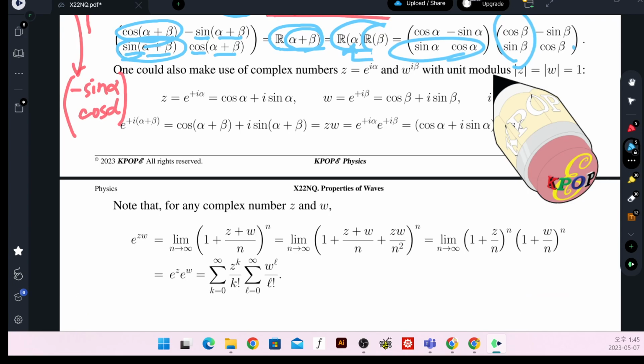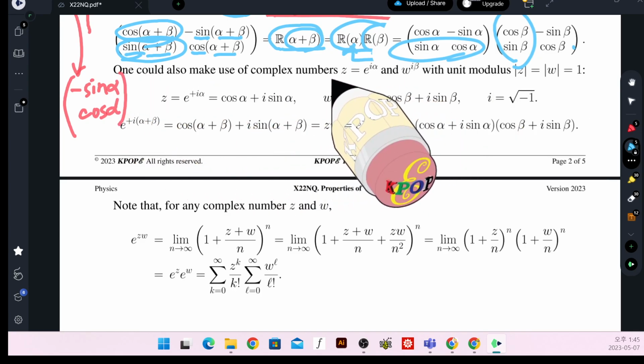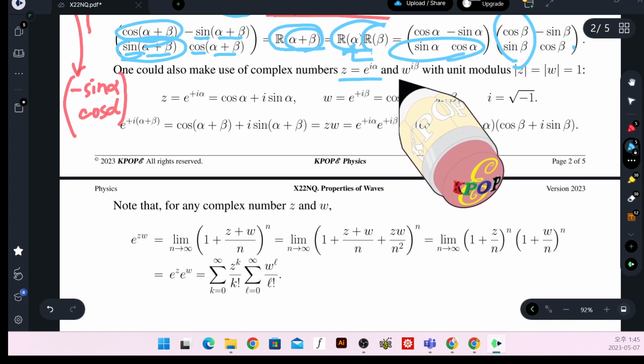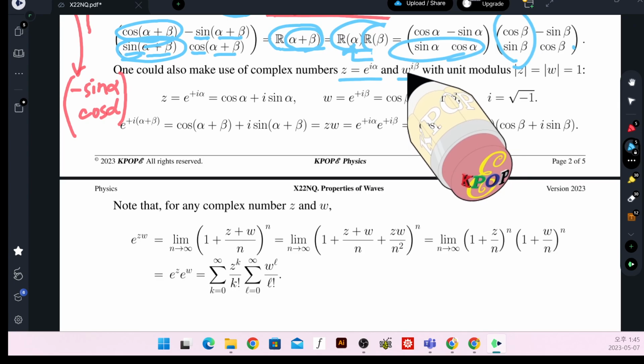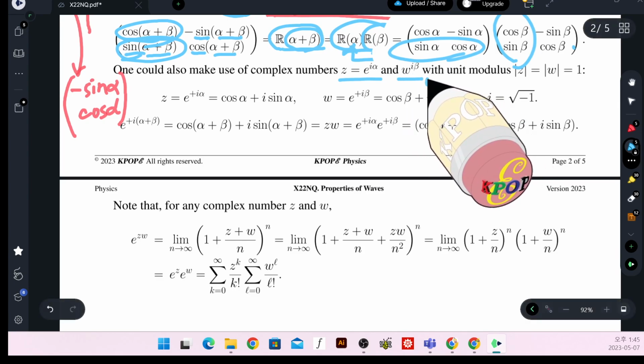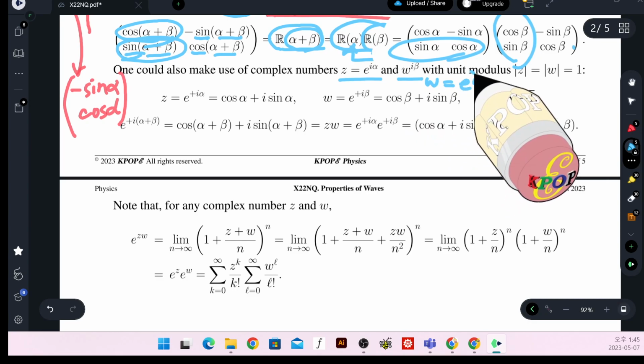Another way to reproduce the addition formula is to make use of complex numbers. Okay, there is a mistake. It's not W. This is W equals e to the i beta.